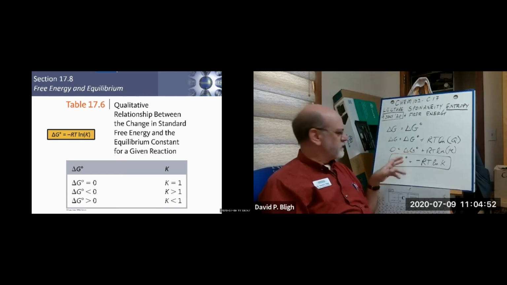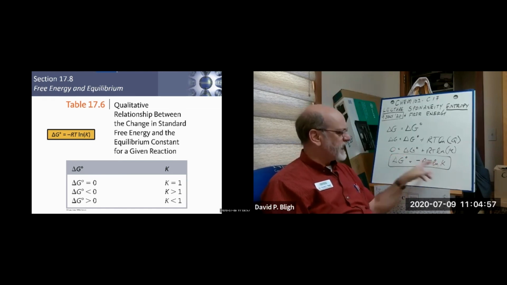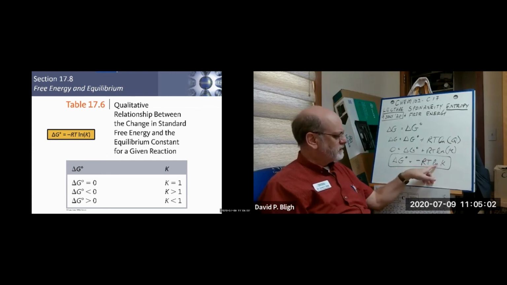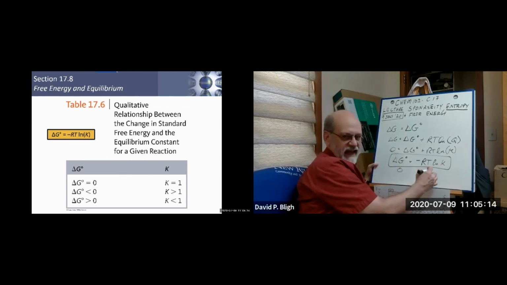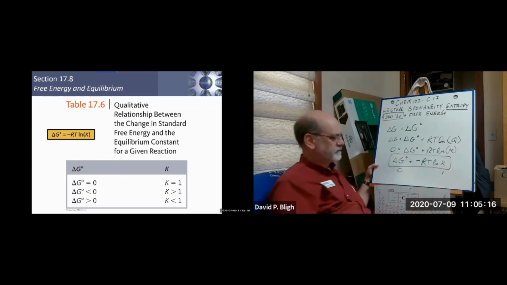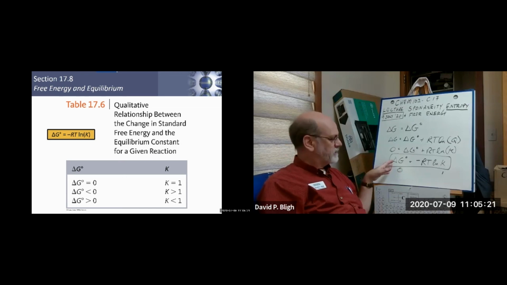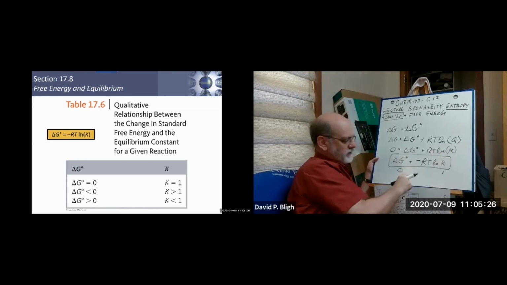So, if the standard free energy is 0, then K has to be 1, right? Because the natural log of 1 is 0. So 0 times these terms would be 0. So if delta G is 0, then K is equal to 1. That's a good starting place. If delta G is negative, then this value has to be positive to give us a negative term here.